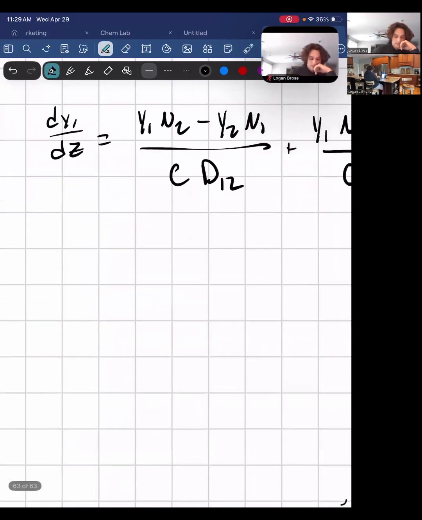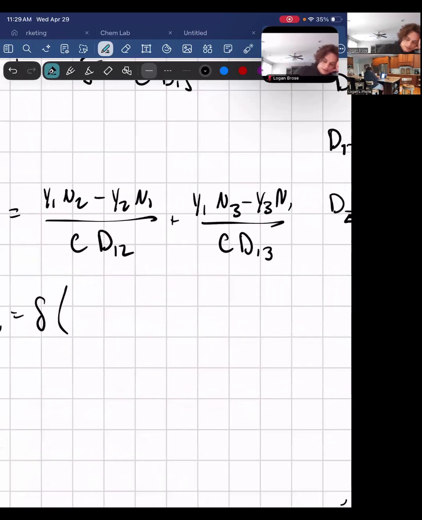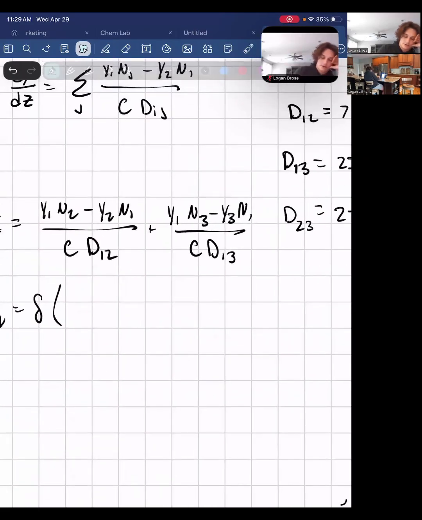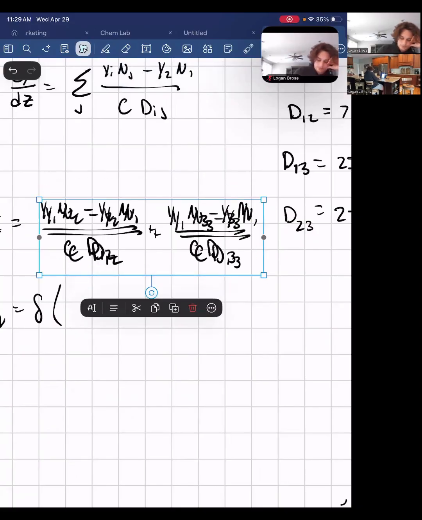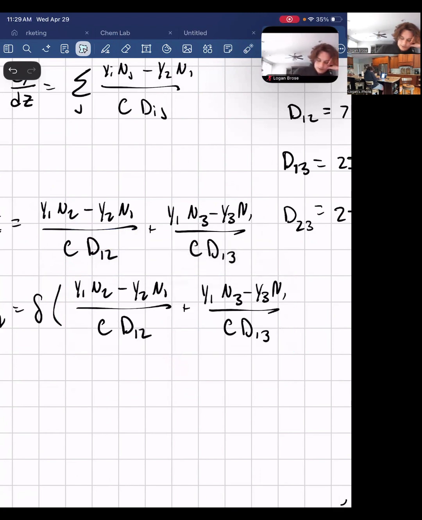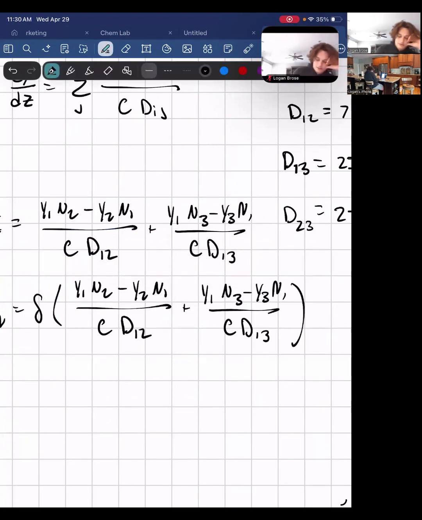So if we plug these in, we get dy1 over d eta equals our value here and then just the same equation, right? So we can just take that, and that is our equation, very similar to what we did in the last homework.